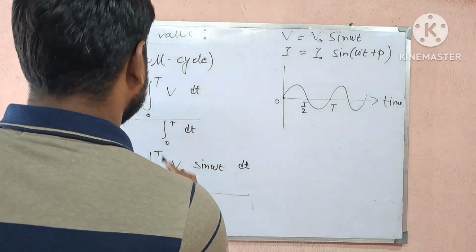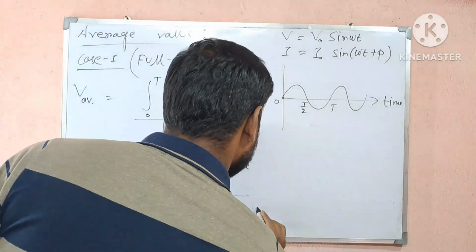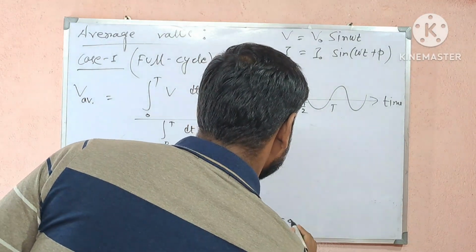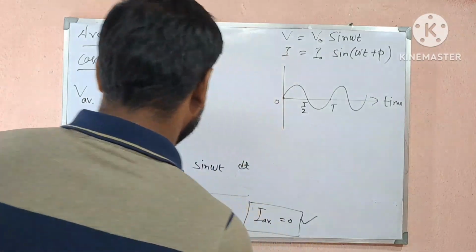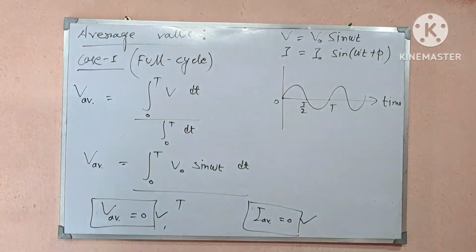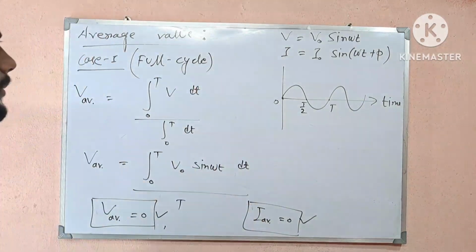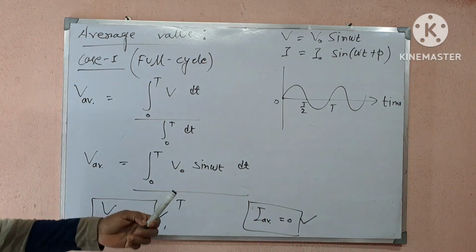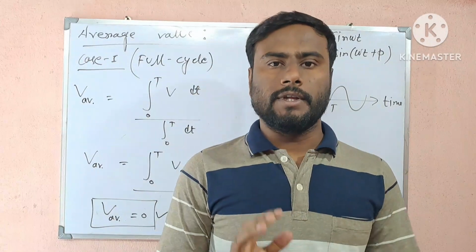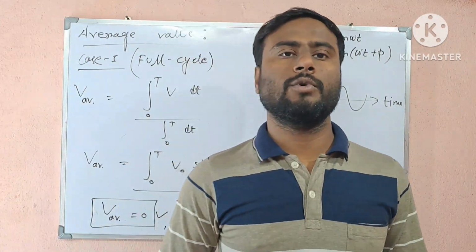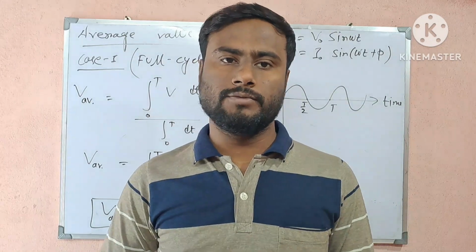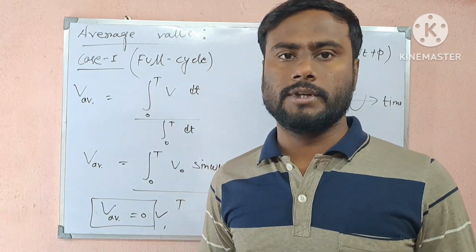Similarly, we can say that in a full cycle, the average value of current will also be equal to 0. Full cycle means if we talk in radian, that is 0 to 2 pi, and if we talk in time, then that will be 0 to capital T. Capital T means time period. Now, if you don't know how to calculate the average value, then no problem. Just go and see the video on calculation of average value from my channel. It will be crystal clear for you.